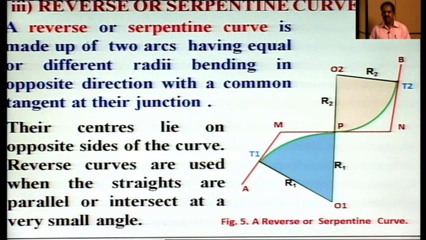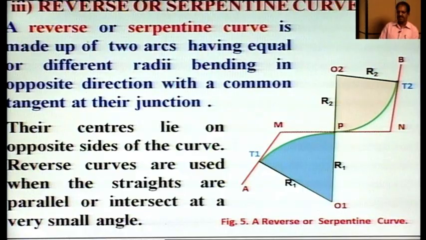Please note, these radii are bending in the opposite direction, with a common tangent at their junction. So, a reverse curve or a serpentine curve is made up of two arcs having equal or different radii bending in the opposite direction with a common tangent at their junction.